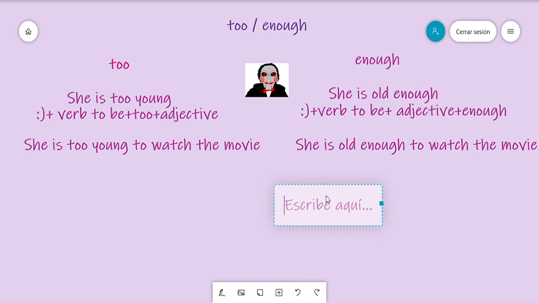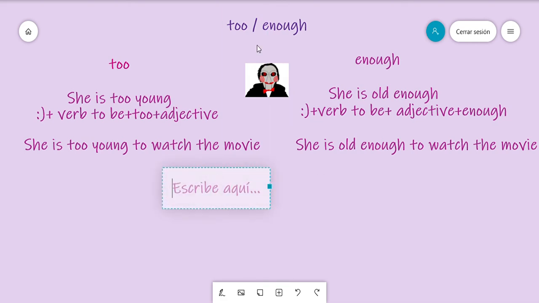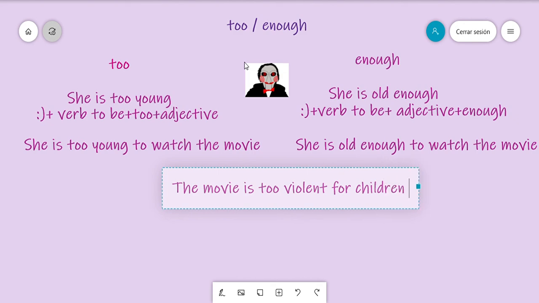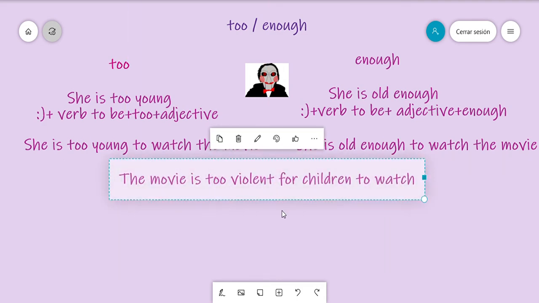For example, you can use it to say for what kind of people it isn't good to watch it. If you want to change the sentence a little, you can say this. The movie is too violent for children to watch. Okay, what I did in these sentences, I don't talk about the specific person.